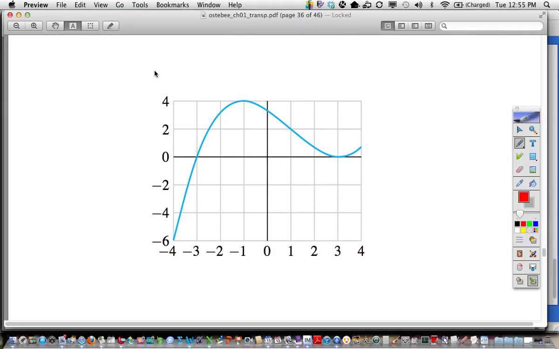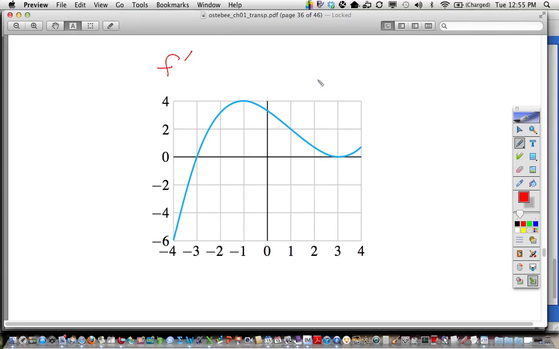Now, this was G prime, I think, or F. Was it F? What was it? F prime. This was the F prime graph. And then they ask you a bunch of questions about F and possibly F prime. So this is something we really want to be good at.